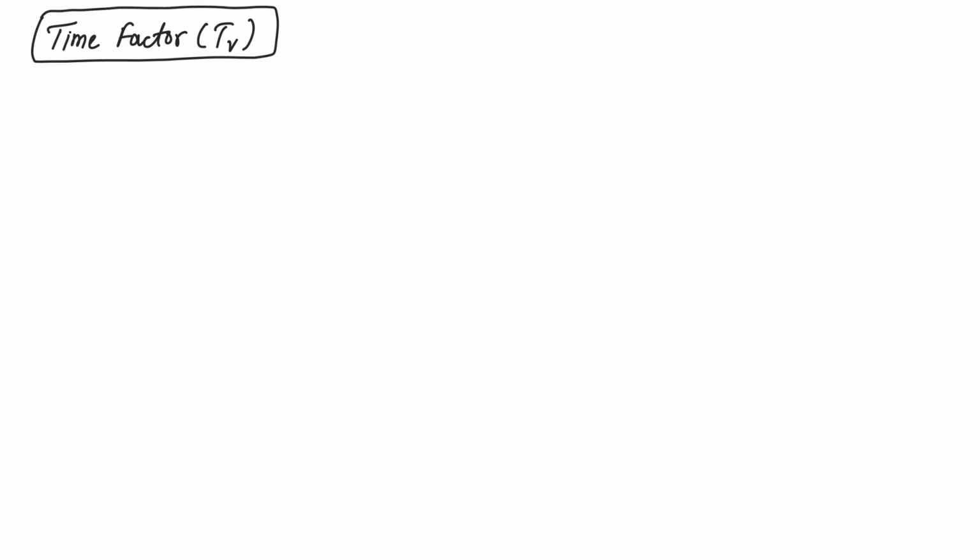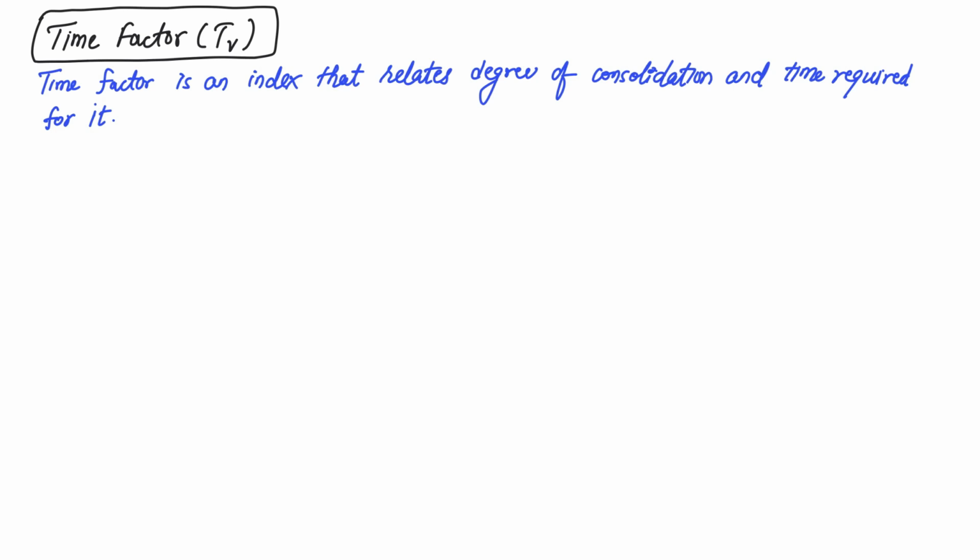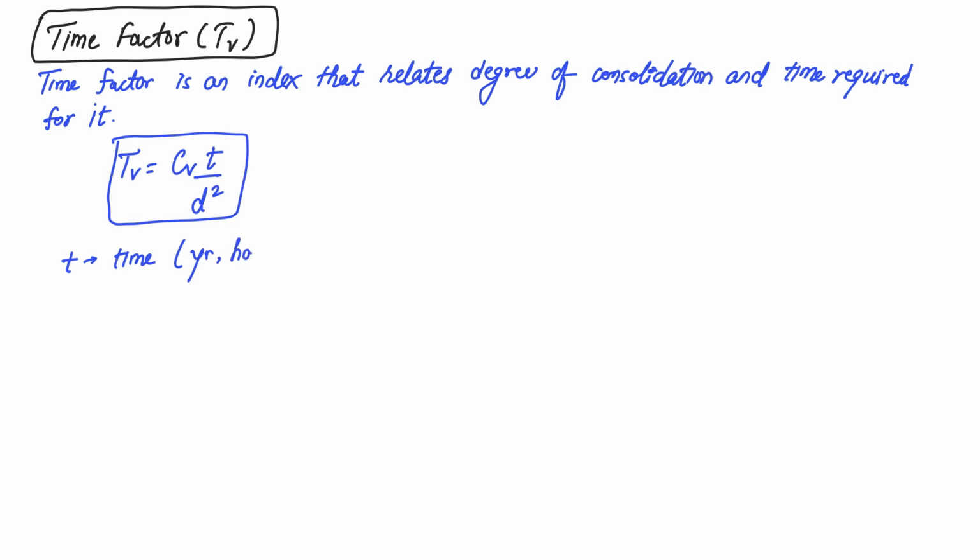So what is TV? TV is an index that is defined to relate the degree of consolidation to the time required for the consolidation. This TV is mathematically defined as CV into T by D square, where T is the time, and its unit will be either in years, hours, or days.